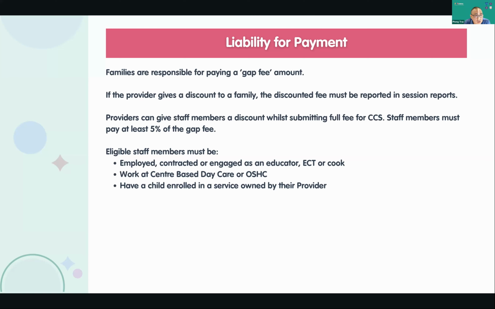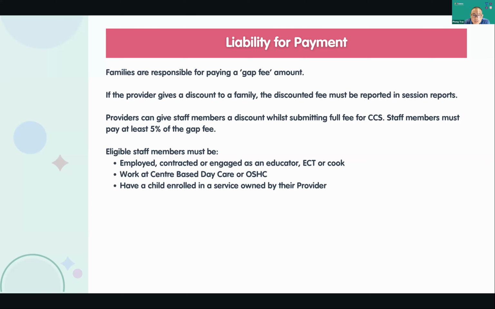Now, usually if a provider offers a family discount, that is, they charge a family less than their usual rate for a session of care, the provider must report the discounted fee in the session report. There are exceptions to this, and we'll talk about those in a moment.